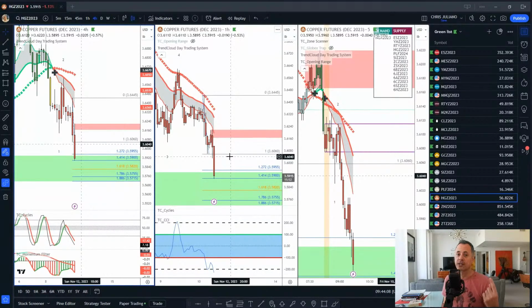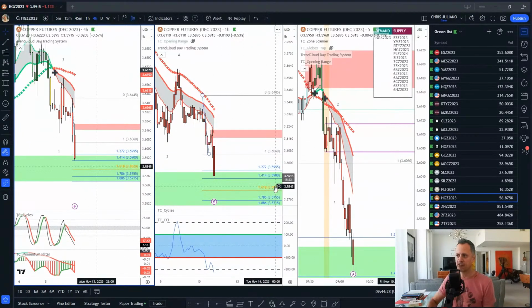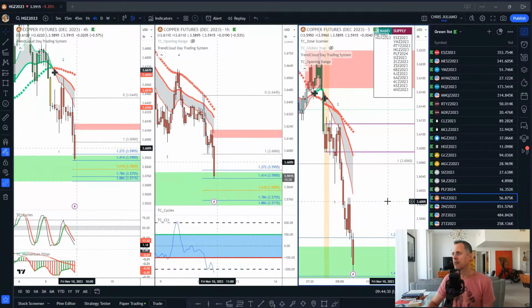So if you only have 1 contract, you've got to take that every single time. And we actually walked away with a little more than a 2-to-1 profit, and that was the play. But if you have more than 1 contract, there's no reason to get out of this trade, right?